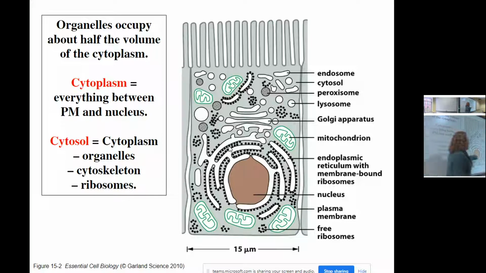So, a very important concept: anything that is dissolved in the cytoplasm is going to diffuse all over the cell unless something grabs it and pumps it, or moves it on purpose. It will diffuse everywhere in the cell.